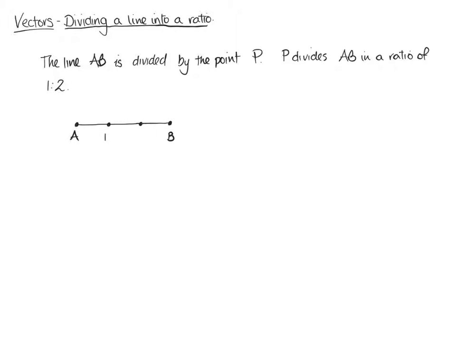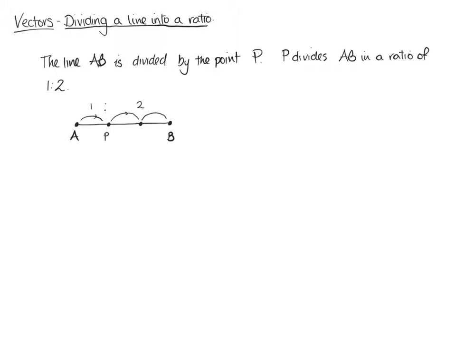And then point P is there. So we can go, there's 3 equal bits. This bit is 1 bit, and this bit is 2 bits. So we've divided it in a ratio of 1 to 2. Okay? We can do this as well with any other ratio.